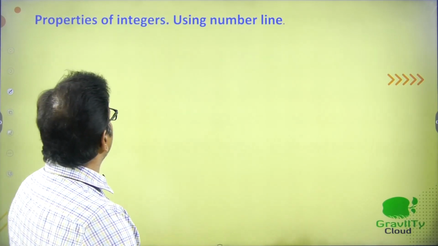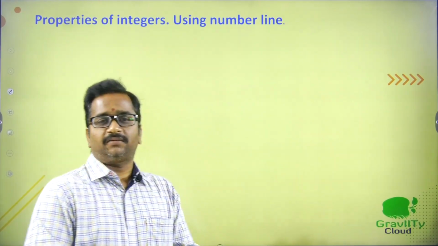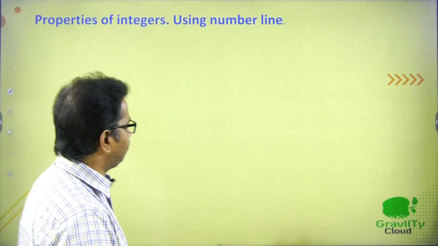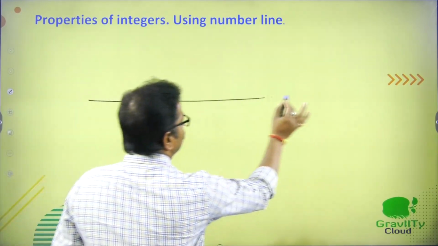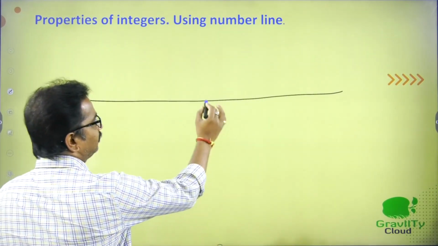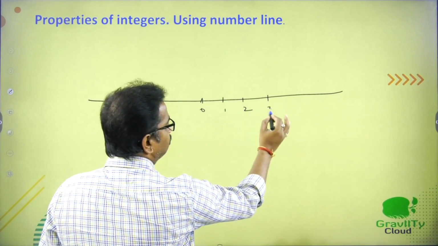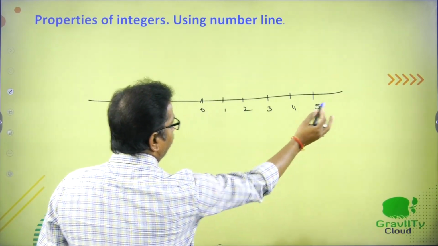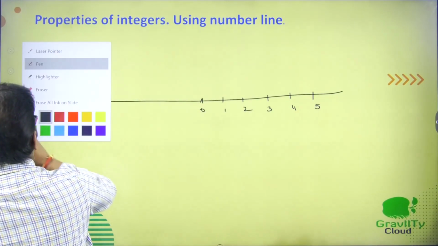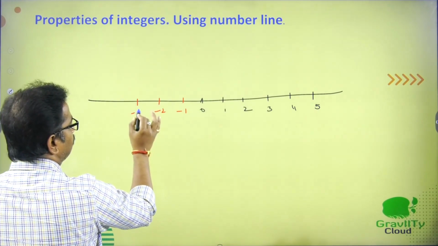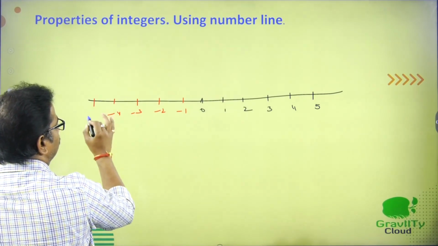So, properties of integers using the number line. What properties are there on the number line? Let us see. If you draw a line here, and this is 0, 1, 2, 3, 4, 5, and minus 1, minus 2, minus 3, minus 4, minus 5.